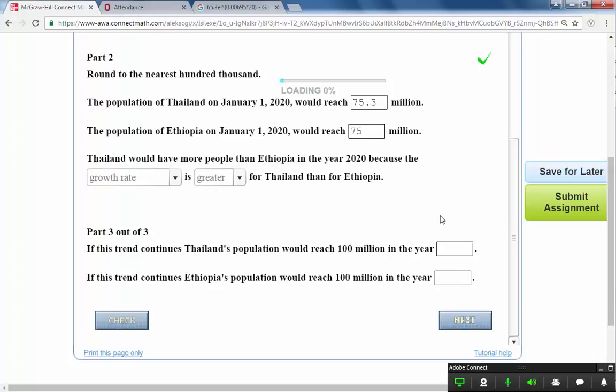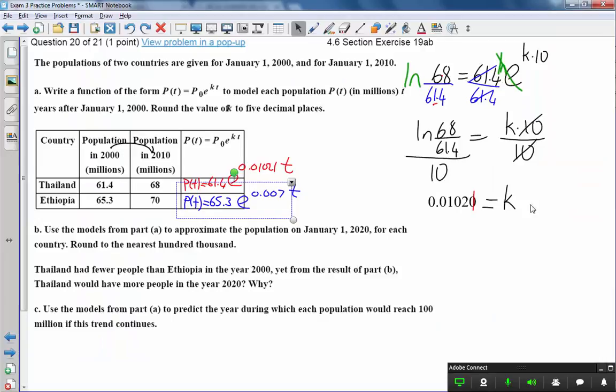Okay? So in which year is Thailand going to hit 100 million? It's asking when this population will be 100 million, but what year? This is your process you need to solve. So you're pretty much going to repeat this work. With k known, the year is unknown.